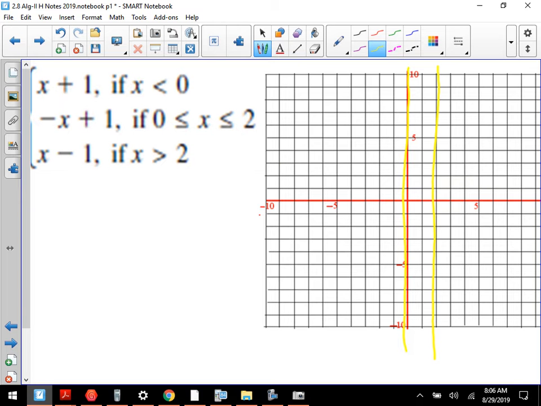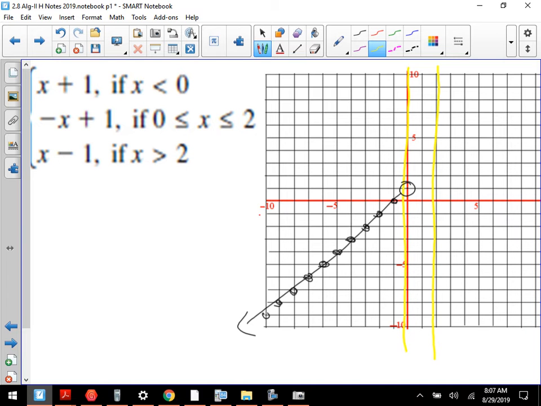So since I'm on that imaginary vertical line right now, what should I put, an open or a closed dot? Open. And the reason it has to be open is it's not equal to. Good. So I know that at this boundary I should not go up and right, I should go down and left. Okay? And I'm not hitting any other boundary, so I can just continue this one through.